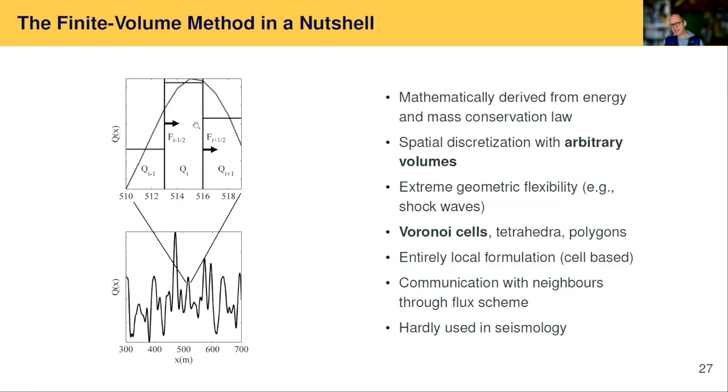So that's in very simple terms what the finite volume method stands for. It has extreme geometrical flexibility, which is very important for example for something like shock waves. It's an entirely local formulation. It's cell-based, so that's good for parallelization. And it's fair to say it's hardly used in seismology, even though I think it is a very interesting method.